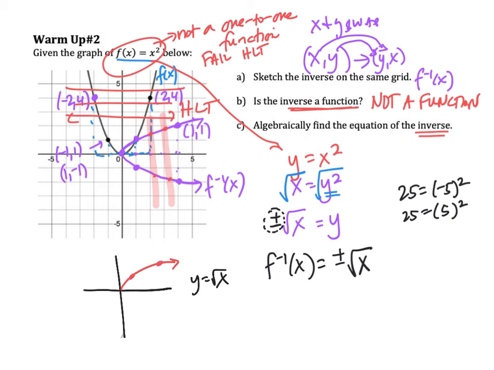And in my graph here, this right-hand side is associated with the inverse, which is the square root of x. And then if I'm looking at the negative portion, that's the lower part. So the negative square root of x is this left-hand side associated with the left-hand side of the original, which is the lower portion down here.